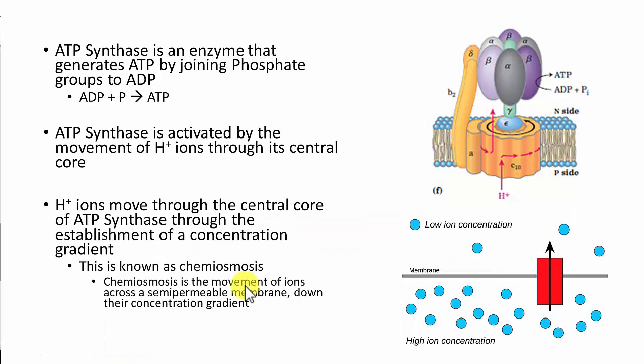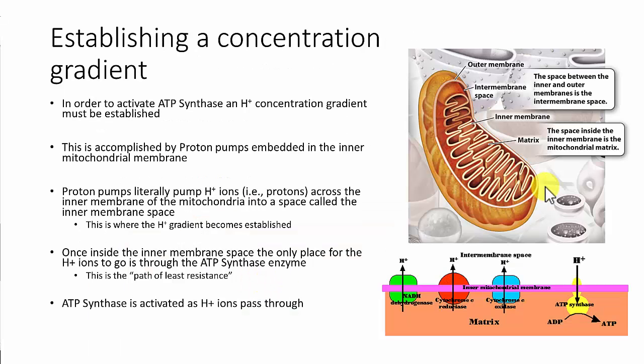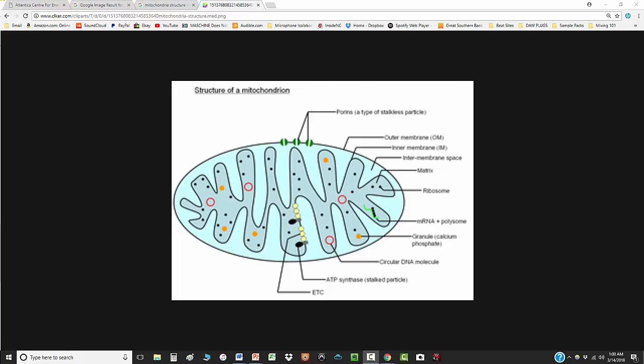Let's go back one more time and look at this figure real quick. Okay, I wanted to find a better picture so we can see this from a more flat perspective.